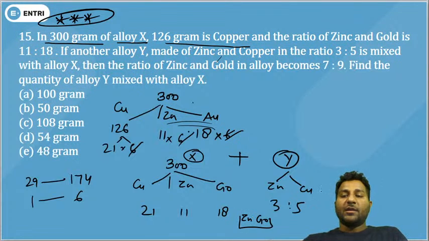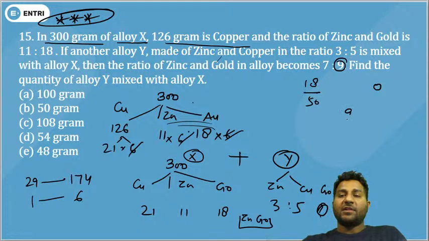So here in alloy X, gold is 18 out of 50, and in alloy Y gold is 0. And in the final mixture, gold is 9 out of 16. So clearly we can use this method.